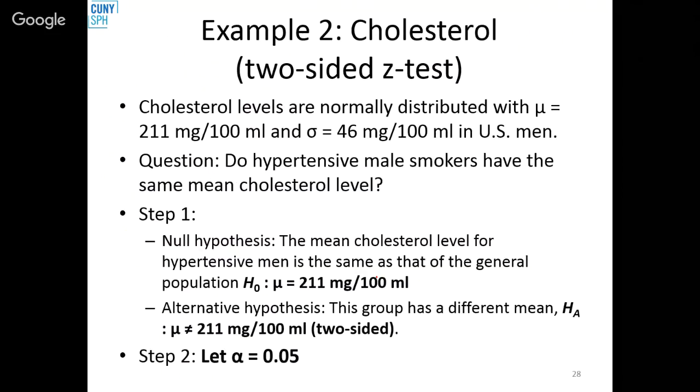All right. I'm going to skip over this next test. It's the same thing, except that I provided the population standard deviation.